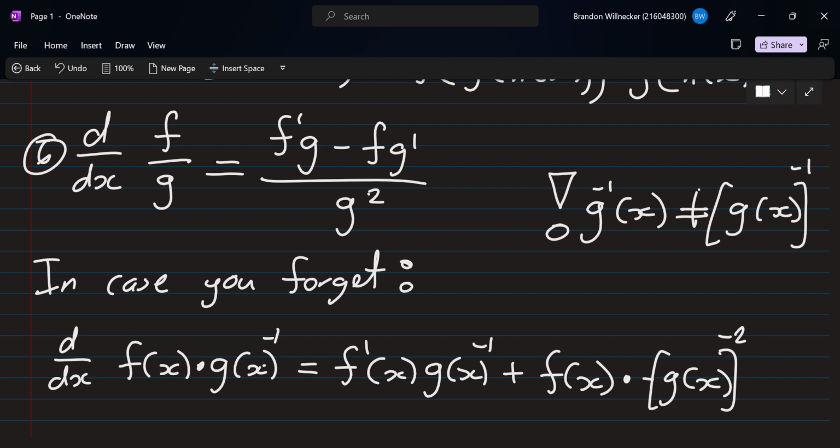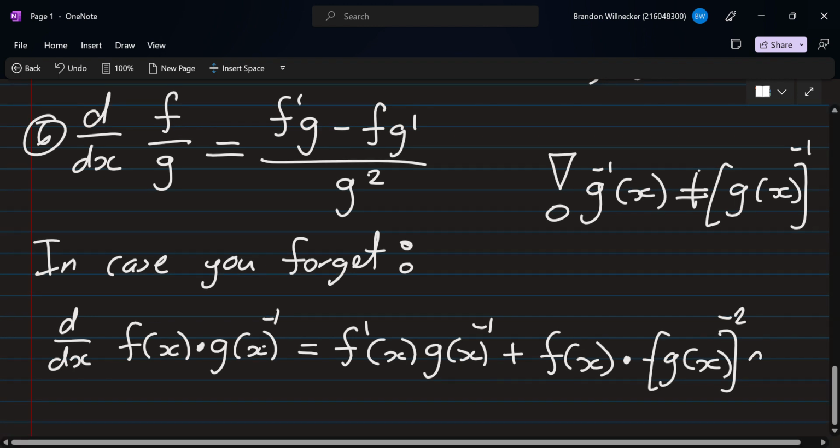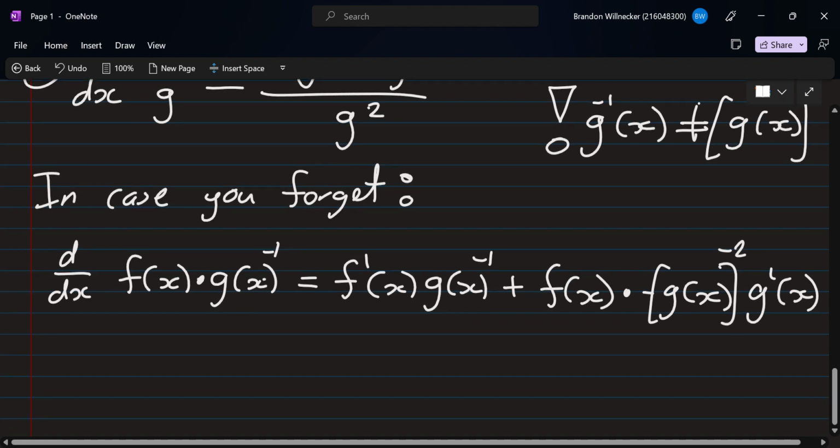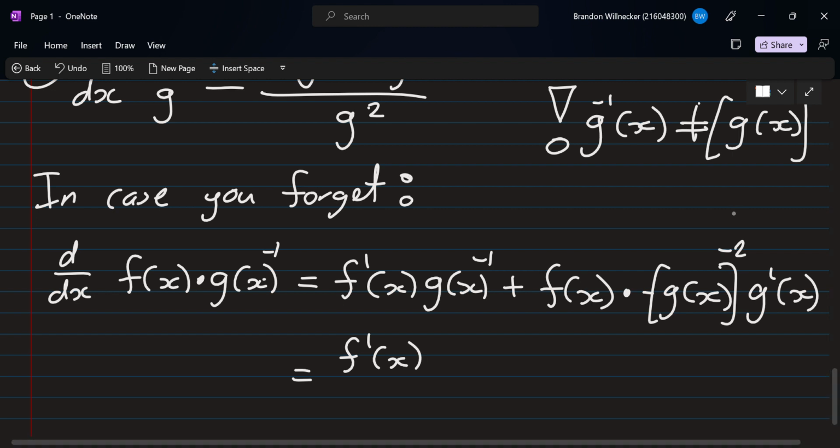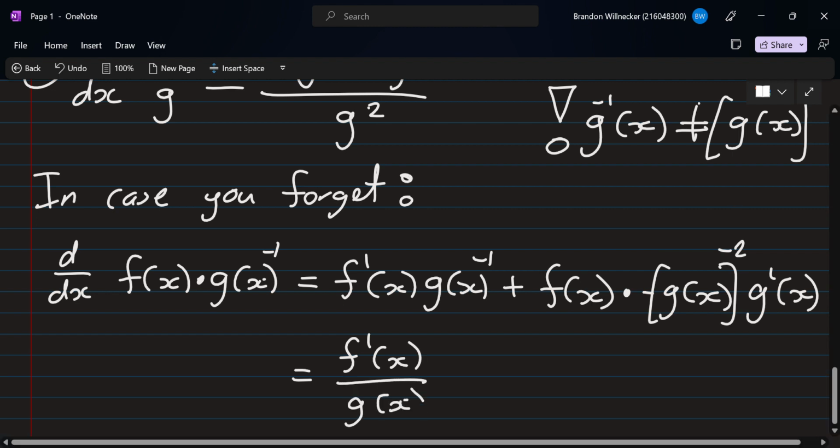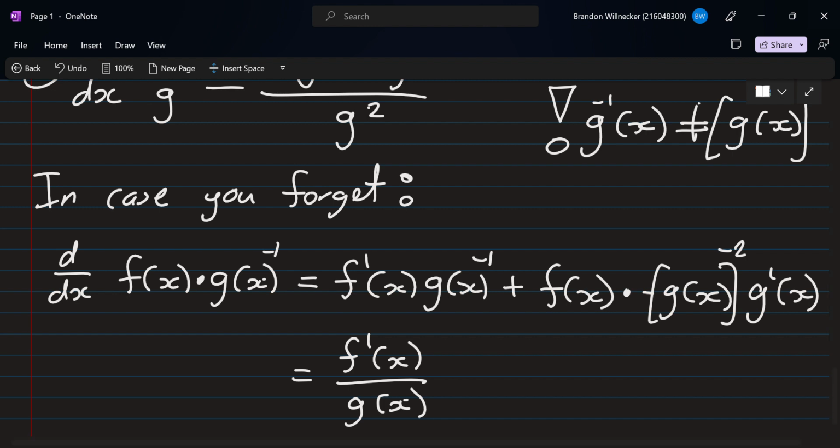Then the derivative of the inside part is g prime. We can simplify this a little bit. Here we have f prime of x over g of x. Remember that minus 1 in the exponent means it belongs in the denominator. Then we have a minus from when we did the chain rule. We're going to have f of x times g prime.